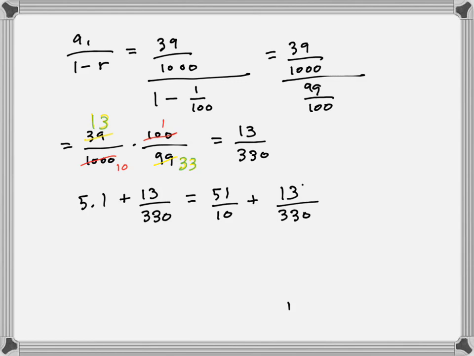So we're going to get a common denominator here of 330. So I'm going to multiply this by 33 over 33. So if we work this out, this is what I get on my calculator. I get 1696 over 330.